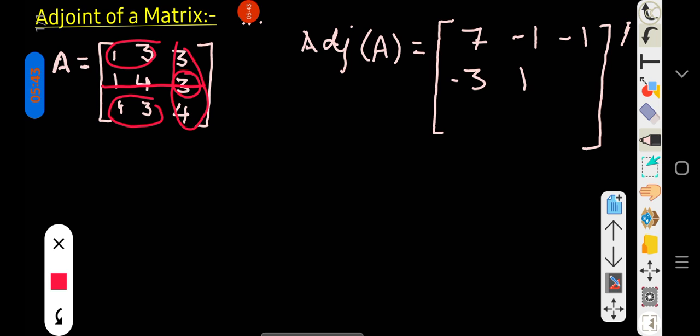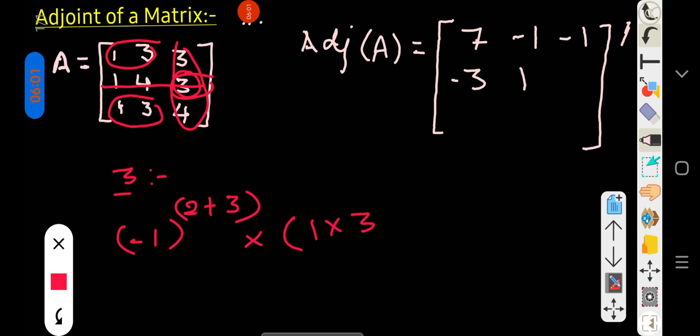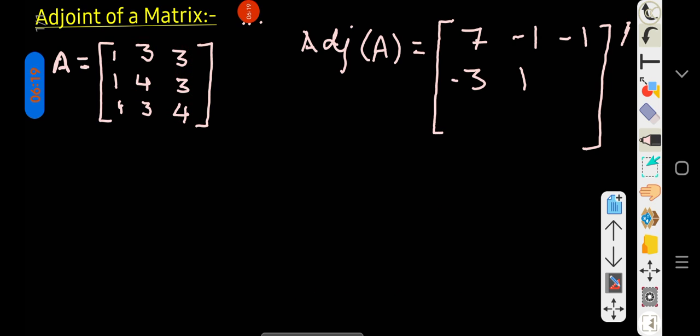So for the cofactor of this 3, we will write minus 1 raised to the power second row third column, and then 1 times 3 minus 3 times 1, which equals minus 1 times 3 minus 3, which will become 0. So here we will write 0.